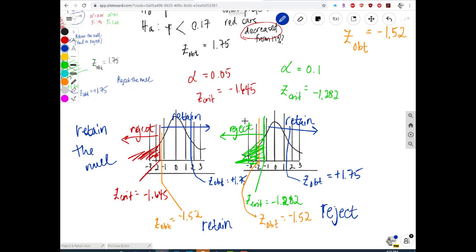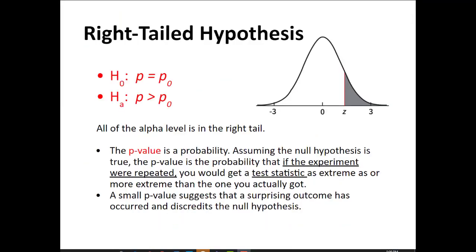Okay, so we're finally at the last hypothesis test, and this is a right one-tailed hypothesis. The right-tailed hypothesis is just the opposite of the left-tailed hypothesis. So everything that we did in the last one where everything was negative, now we're going to be looking at things where everything is positive.